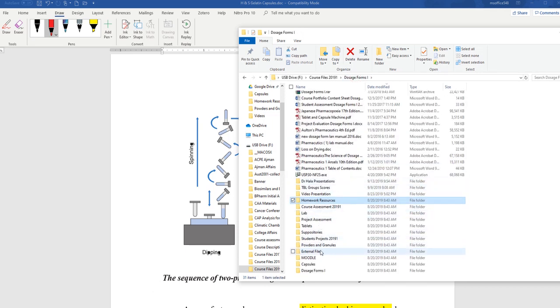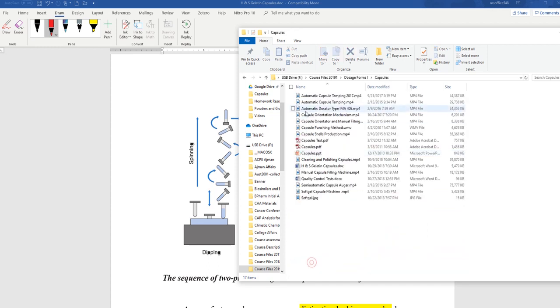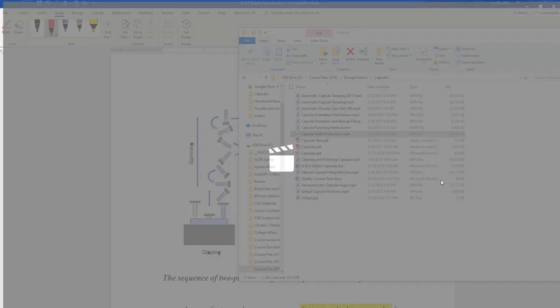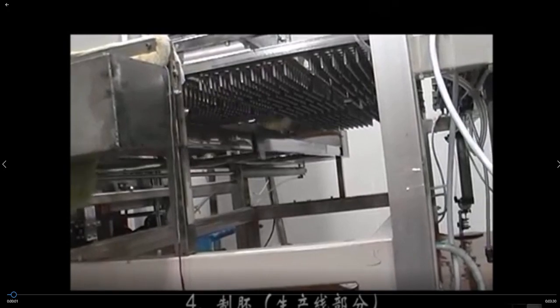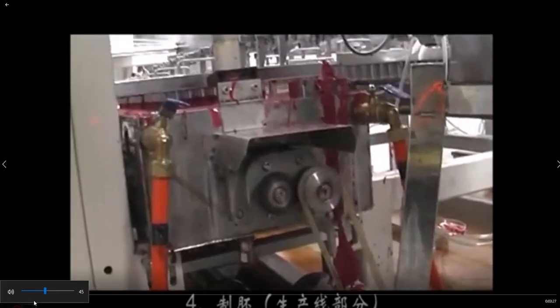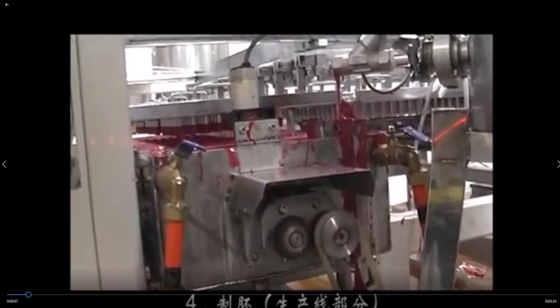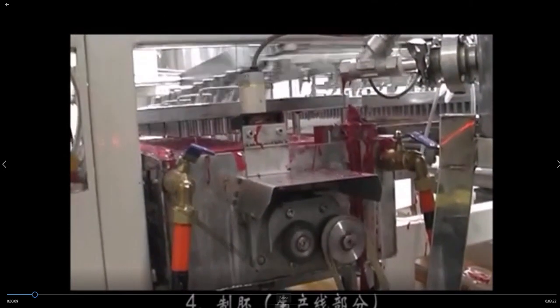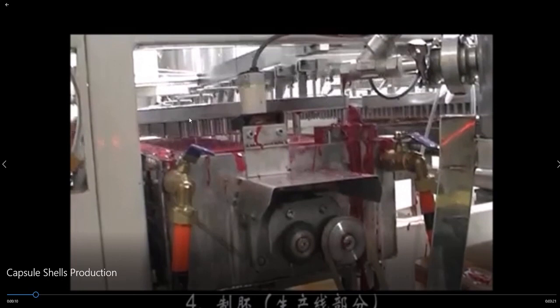I will go back to capsules, and then capsule shells production. Let's see how. Okay, what you see here is the plate containing pegs or pins. And beneath this, down here, you see colored melted gelatin with water.